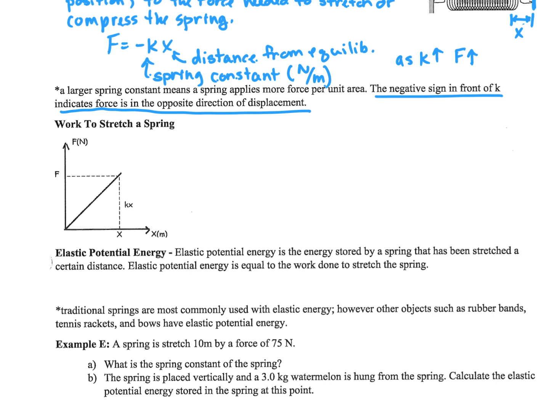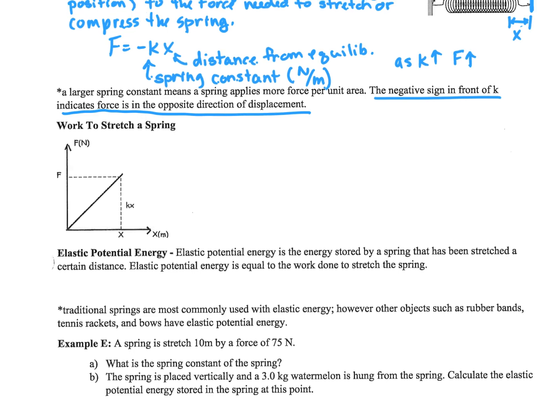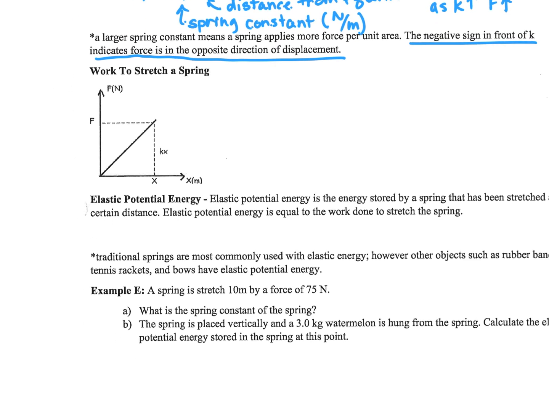So now, work to stretch a spring. We still have a force and an x. So I want you to think about that. Where is the work? Work is still going to be force times distance, right? So it's still going to be the area under the curve. Well, let's see what that is.